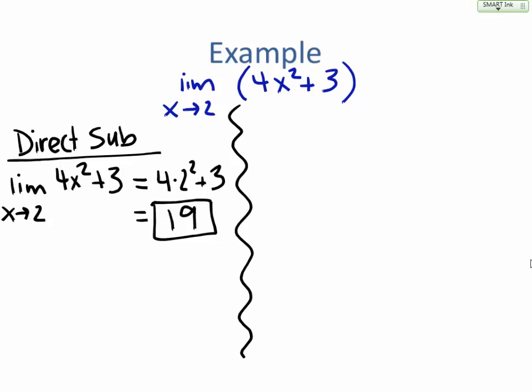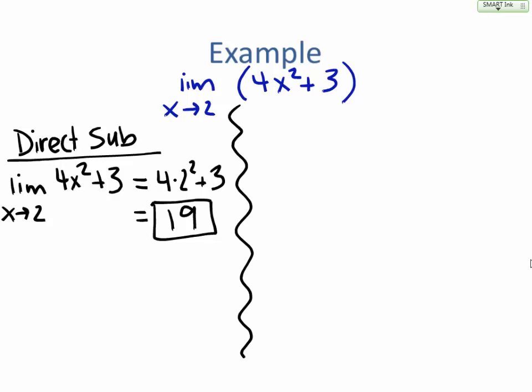Sometimes things won't be as easy, and we're going to have to break down a function to evaluate the limit using the limit properties. So let's go ahead for this example and use some of the limit properties to break this function down a little bit.